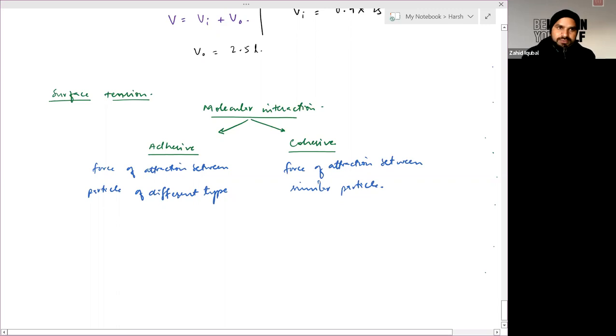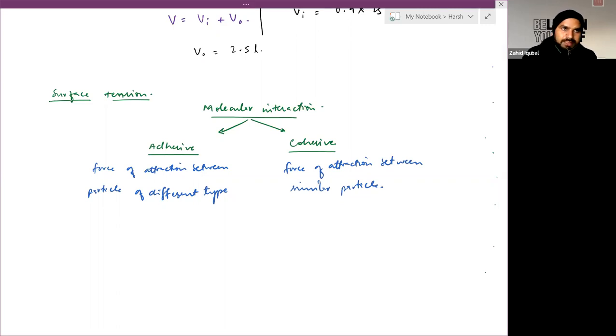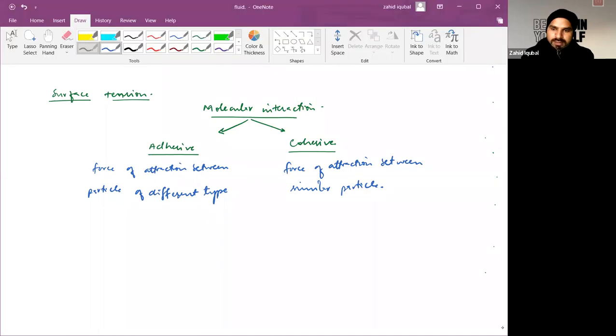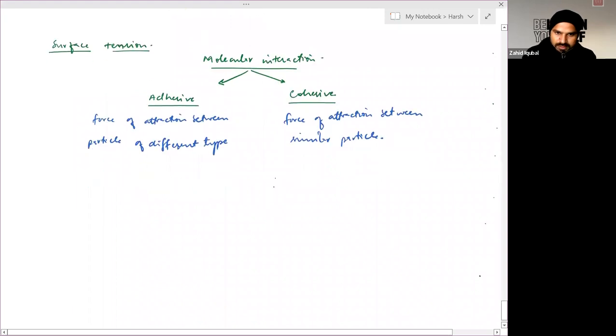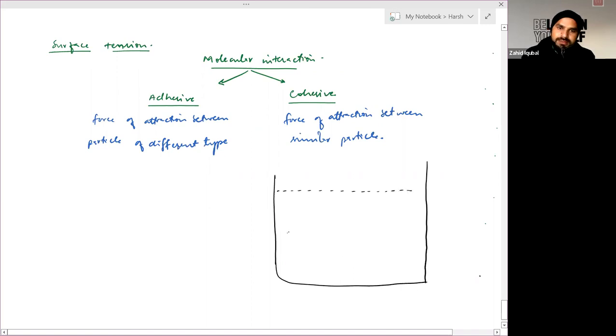Now, related to these two forces of attraction, let me define. Suppose in a vessel, liquid is up to this level, like this.